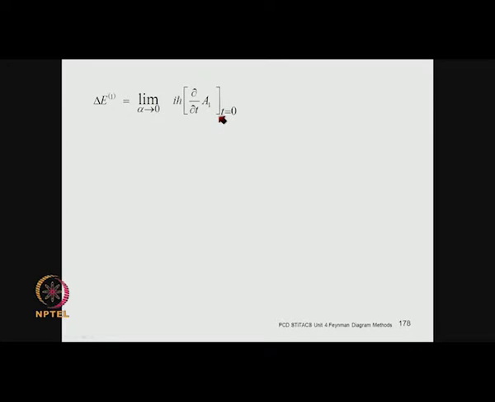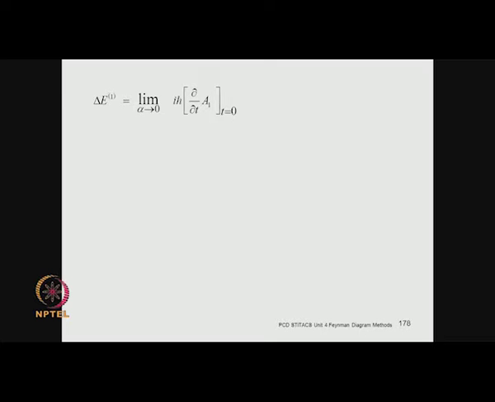The derivative is to be taken at the value t equal to 0. All this we have done in our previous classes. You have to take the derivative at t equal to 0 and finally take the limit alpha going to 0, because our results cannot really depend on this mathematical model switch, which is the adiabatic hypothesis.